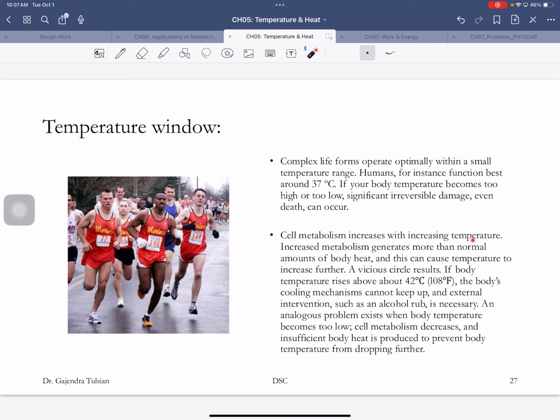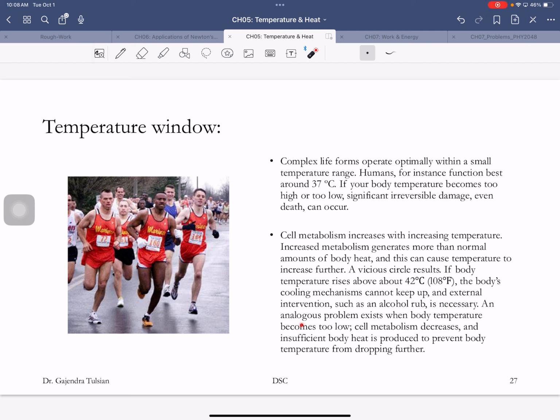Above 42 degrees Celsius, or 108 degrees Fahrenheit, the body's cooling mechanism fails. An external intervention such as alcohol rubs is necessary, and I'll show you a problem in that.